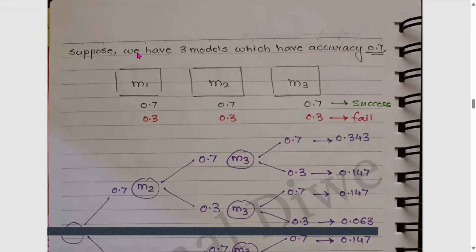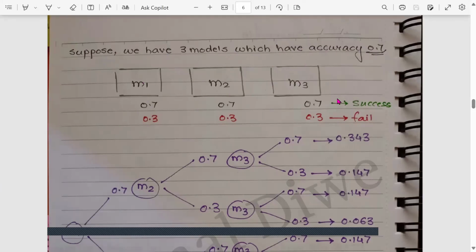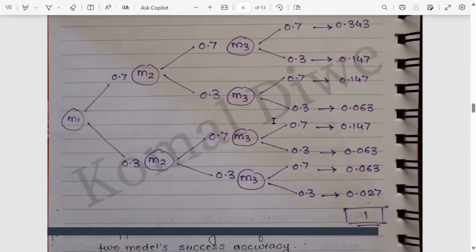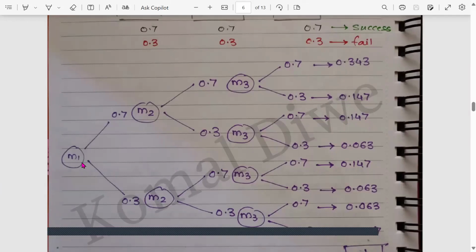Suppose we have three models, each with accuracy 0.7, which means 0.7 success and 0.3 failure. This is the M1 model 0.7, the M2 model 0.7.